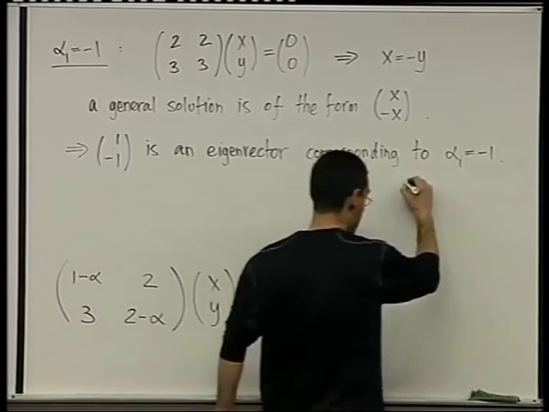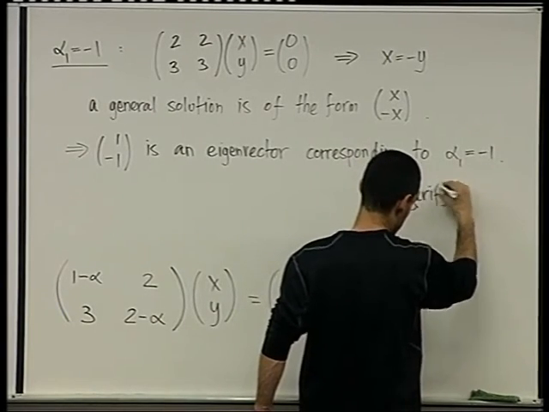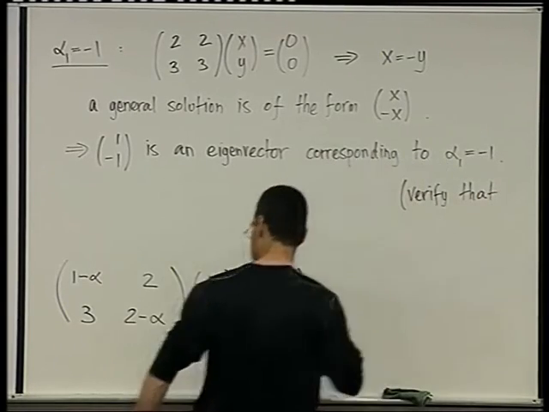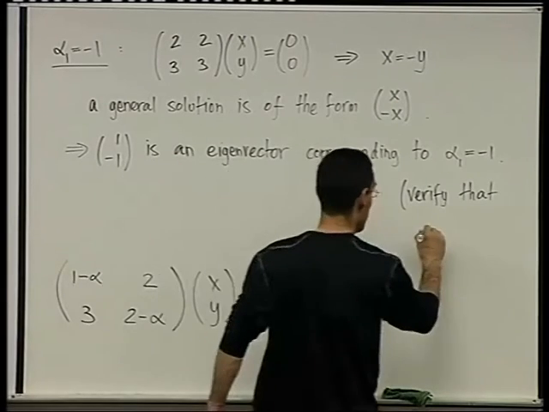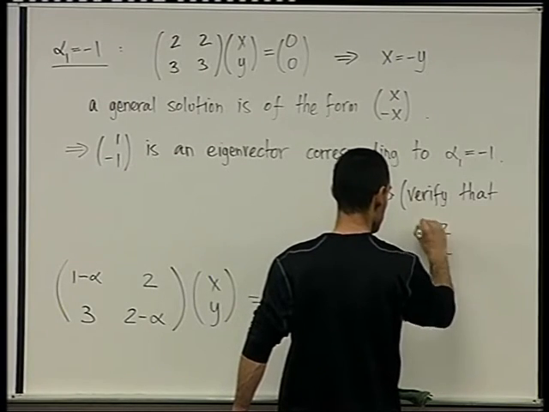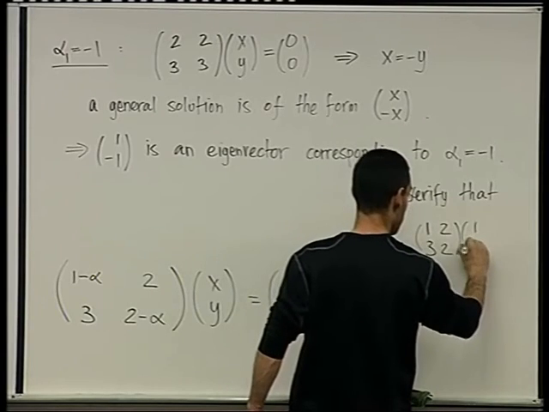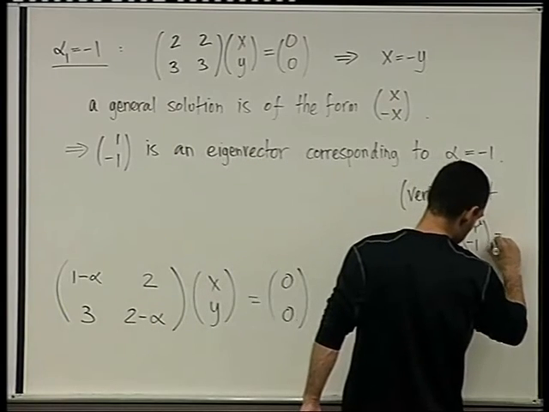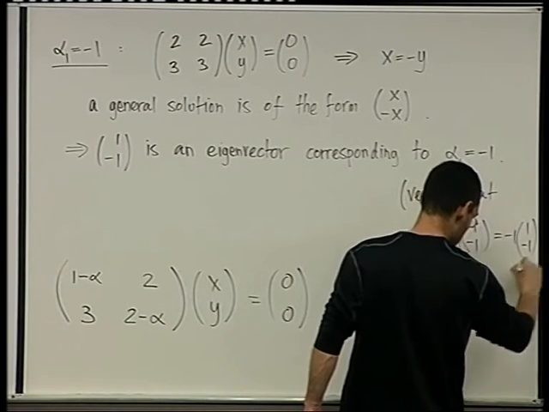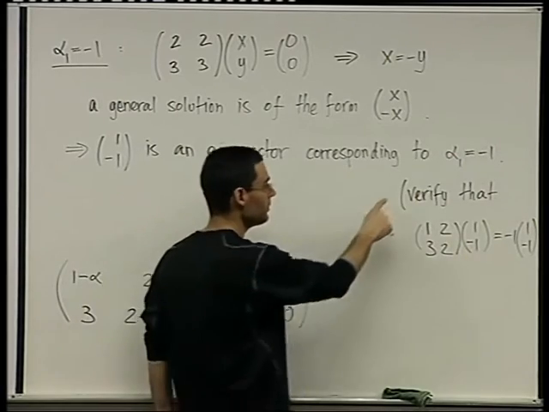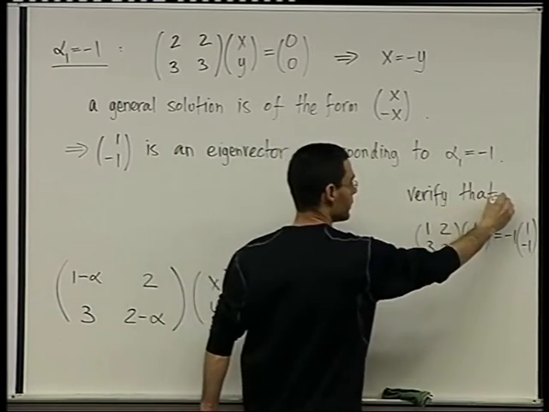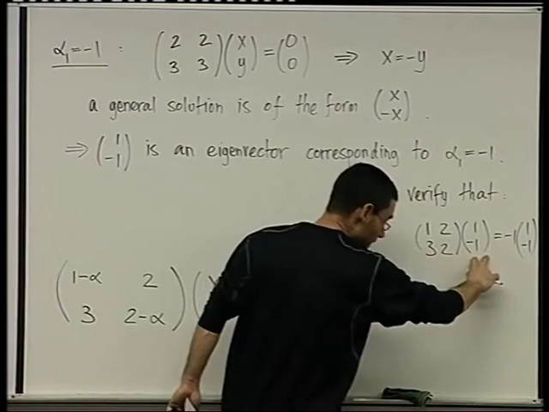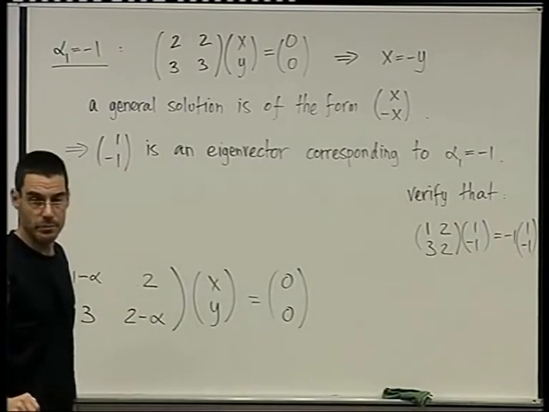Verify that A, our given A, let's write what A was. A is no longer on the board. A was 1, 2, 3, 2 times 1, negative 1. That's AV equals alpha V: negative 1 times 1, negative 1. Verify this. Good? So we found an eigenvector and an eigenvalue. That was one of them.